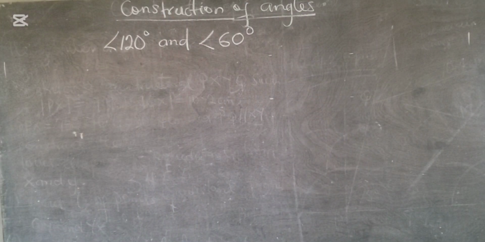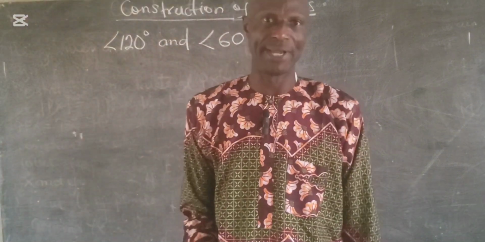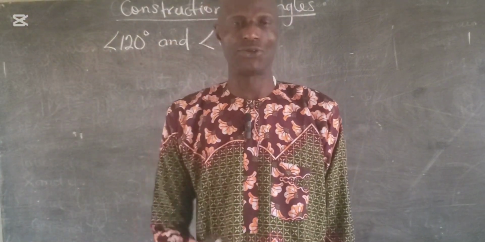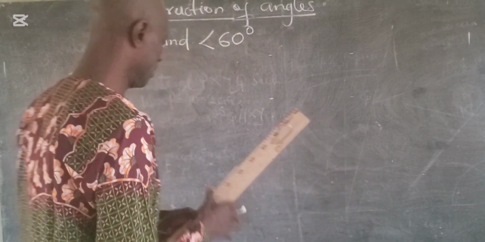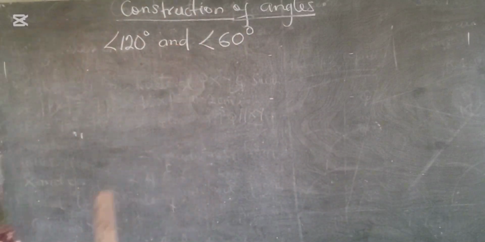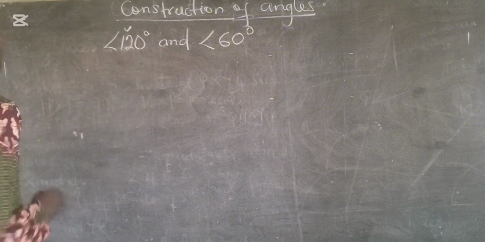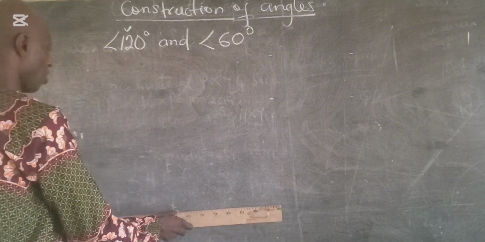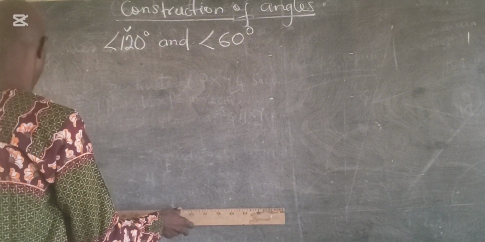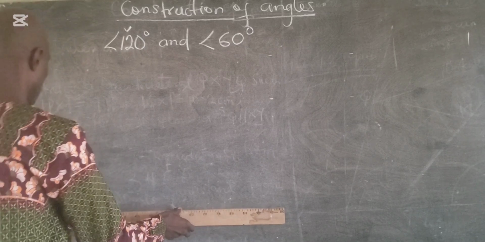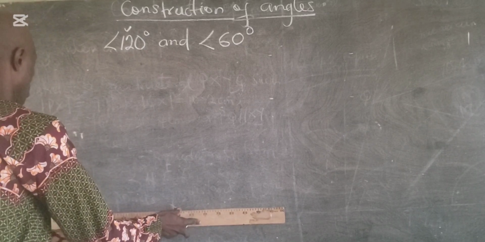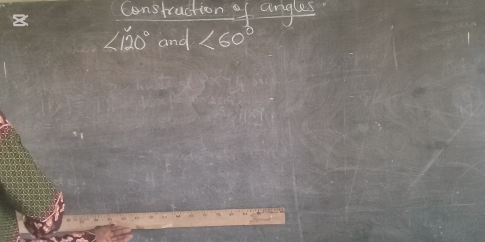Now, let us construct angle 120 degree. I'm not going to take measurement because I want to teach you how you can construct it. What you will do, you draw a straight line.